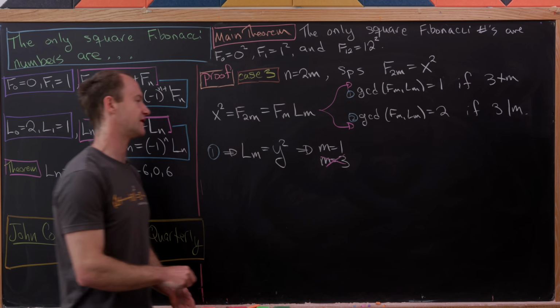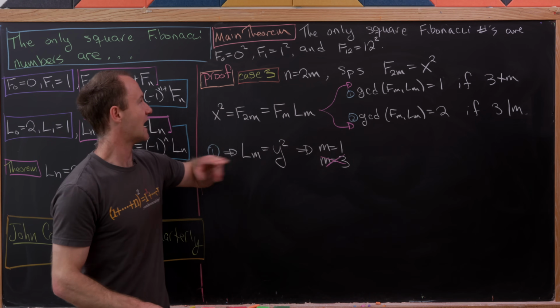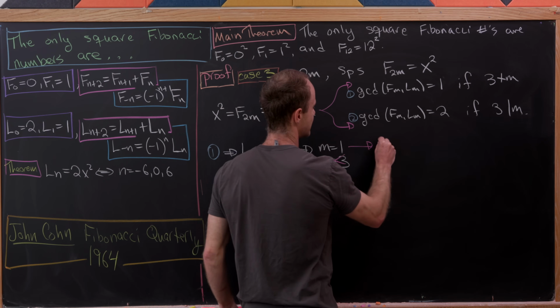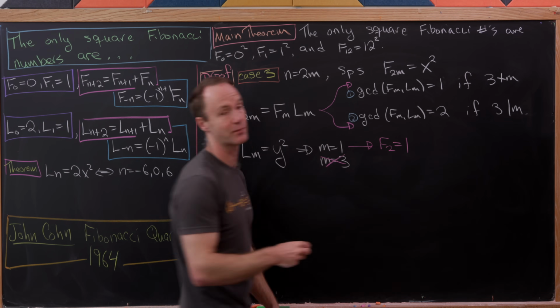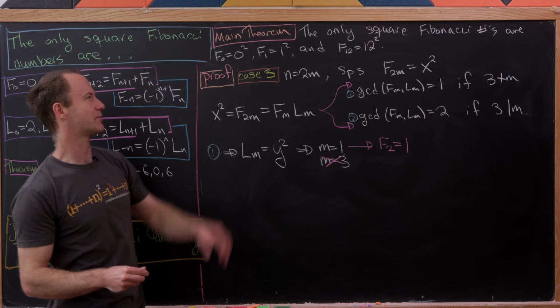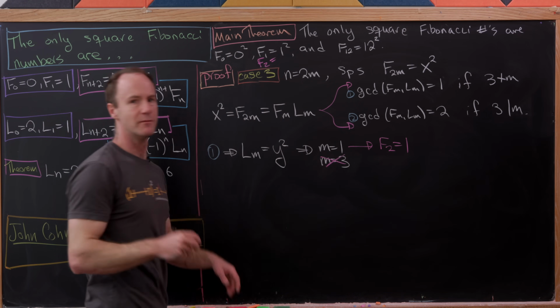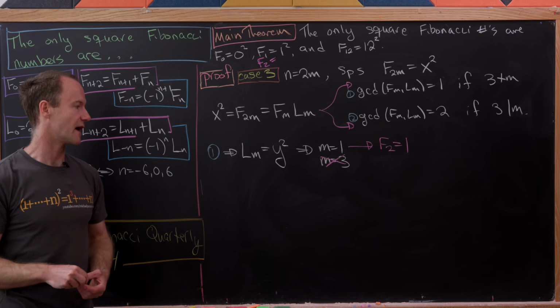So we don't get anything right there. But if m is equal to 1, then that means that we're looking at f sub 2, but notice that f sub 2 is also equal to 1. Well, I guess that's a perfect square, but it's the same perfect square as f sub 1, so I kind of left that out there. Maybe comment or edit your comment if you corrected me already on that.